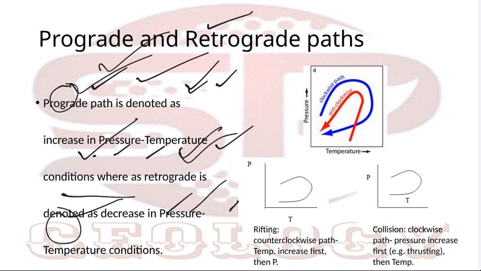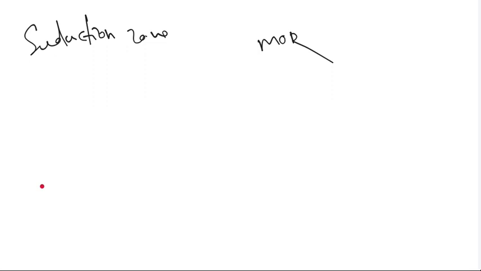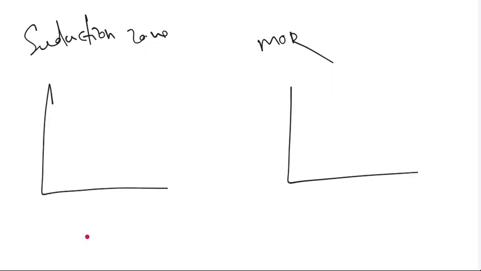Okay, we'll go to the subduction zone and the mid-oceanic ridge. We are plotting two diagrams for the both. In the case of the mid-oceanic ridge, this is temperature and this is pressure. First, what will happen?